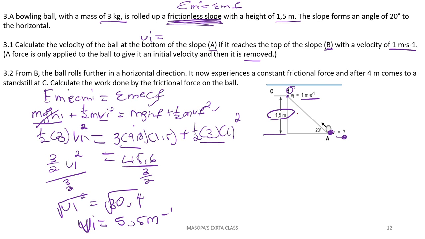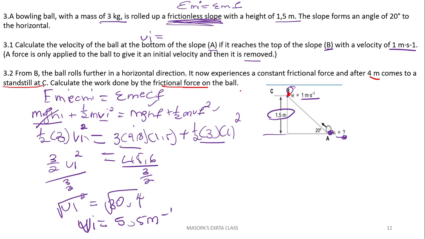So let's look at 3.2 now, from B, which is here. Now the ball rolls further in a horizontal direction. It now experiences a constant frictional force after 4 meters, and comes to a standstill at C. Now calculate the work done by the frictional force on the ball.